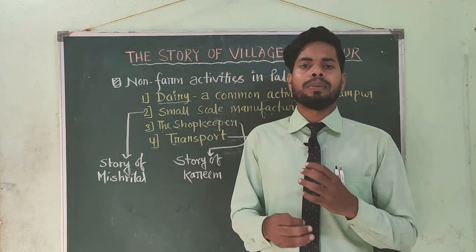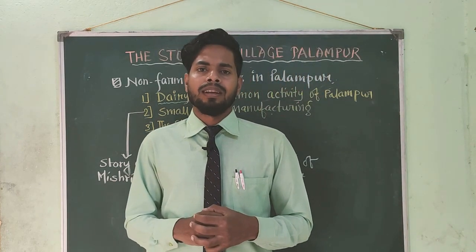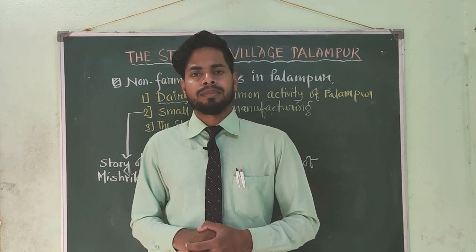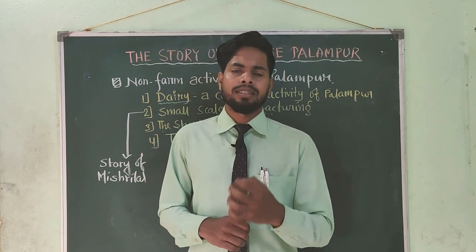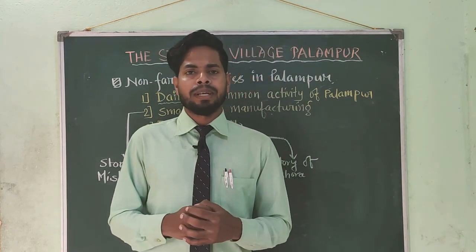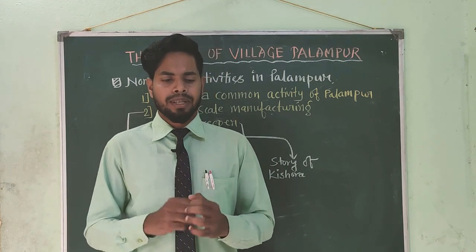The production method in Palampur is very easy and simple and is a small scale industry, a small scale manufacturing unit. In a small scale manufacturing unit, labor is mainly provided by the family members.